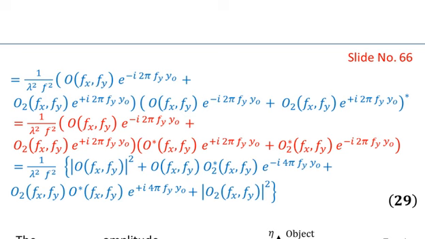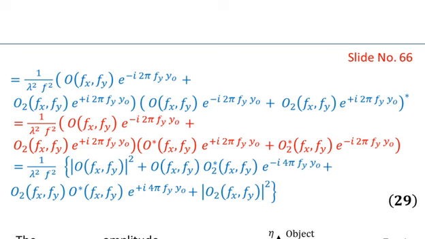So you can see that there are terms within the curly brackets in the last step in blue, which is the absolute square of capital O as a function of fx, fy, then capital O multiplied by O2 star, and then e to the power minus iota 4 pi fy y naught, plus the third term, O2 as a function of fx, fy multiplied by capital O star as a function of fx, fy multiplied by e to the power plus iota 4 pi fy into y naught, and plus then the absolute square of O2 as a function of fx, fy.